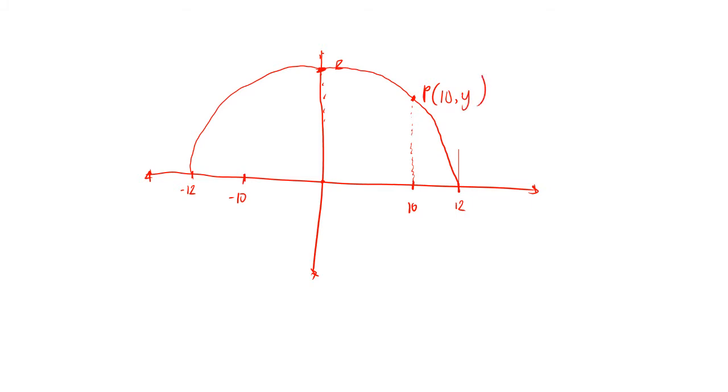So that is the unknown, y. And on the other side of the lane, maybe I'll call that P2. This is P1. The x-coordinate is negative 10, and they are at the same level, so the y-coordinate is y.